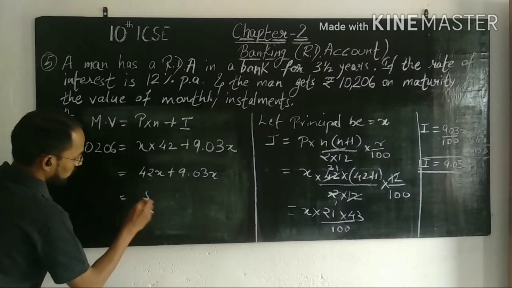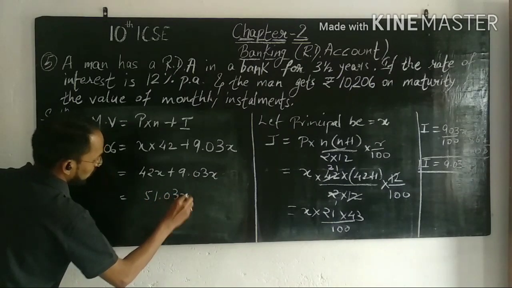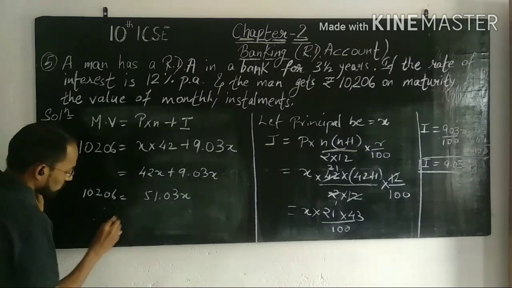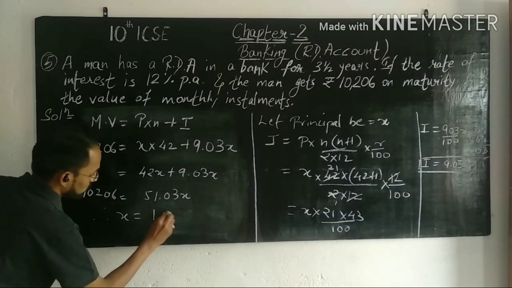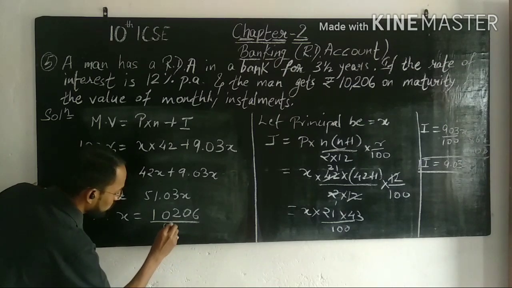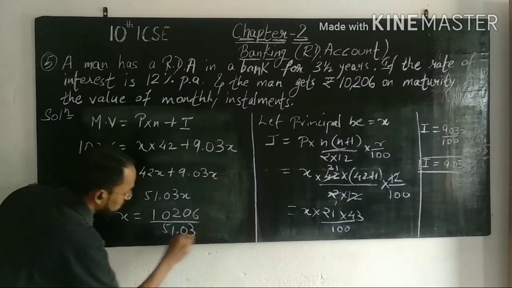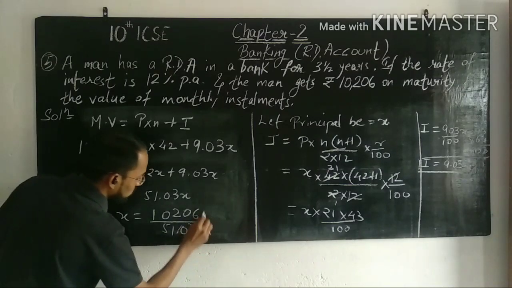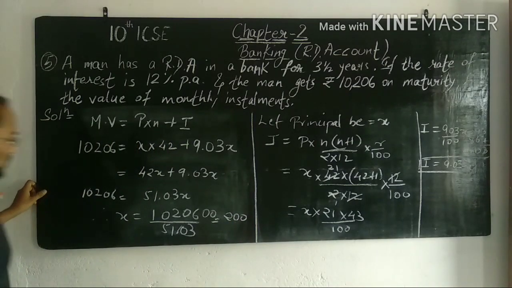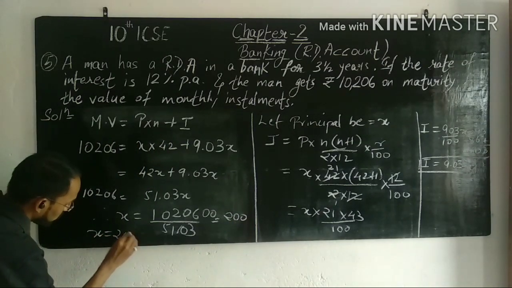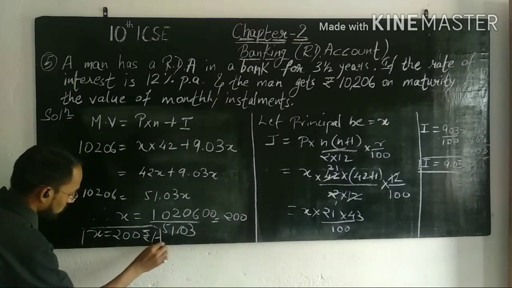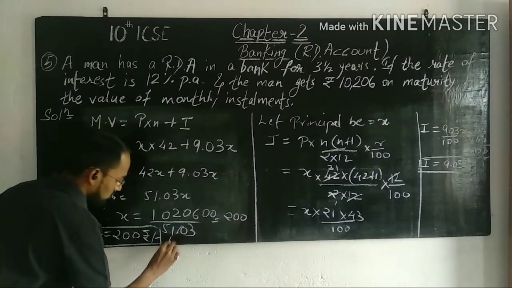On adding both these values, we will obtain 51.03x, which equals 10206, and the value of x becomes 10206 divided by 51.03. On solving this, we will obtain 200. So the monthly installment is 200 rupees only, which is the answer.